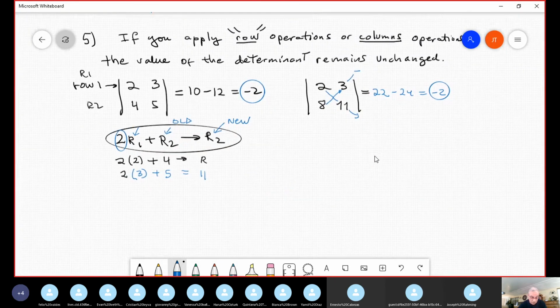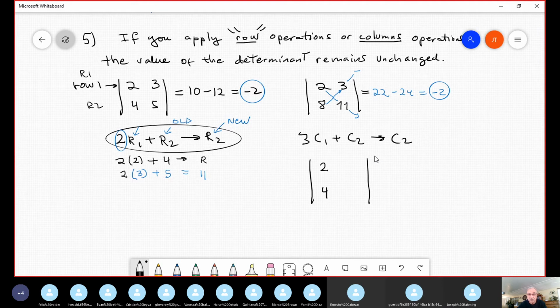Okay, suppose I propose the following column operation. 3 times, which is an arbitrary factor, column 1 plus column 2, stored in column 2. The new determinant formed by this: column 1 stays the same. The only column that changes is column 2.